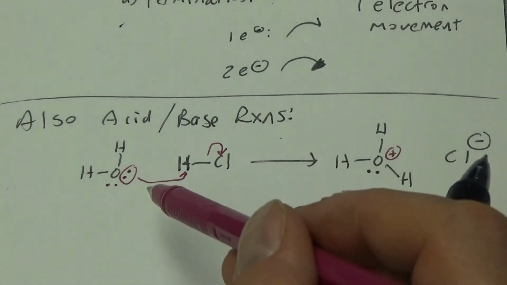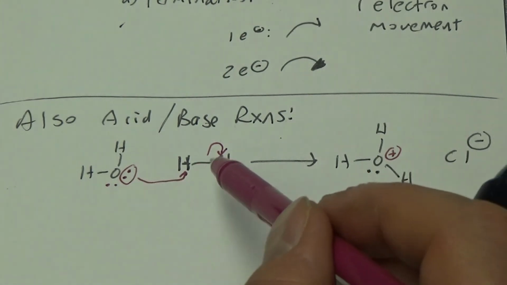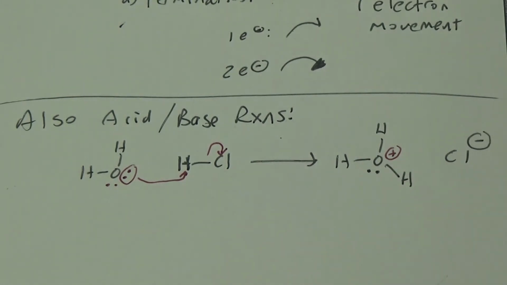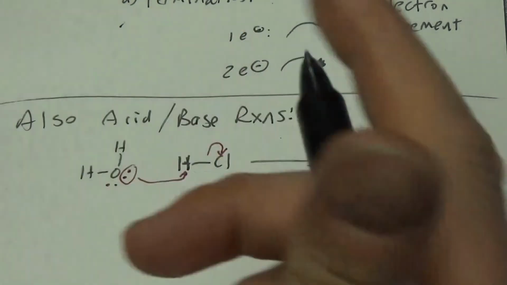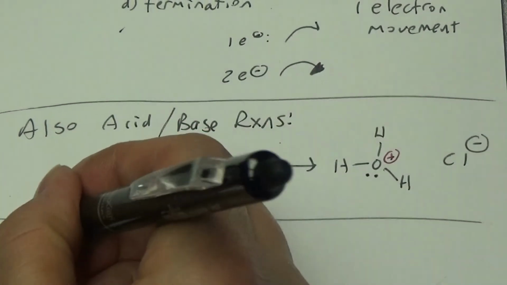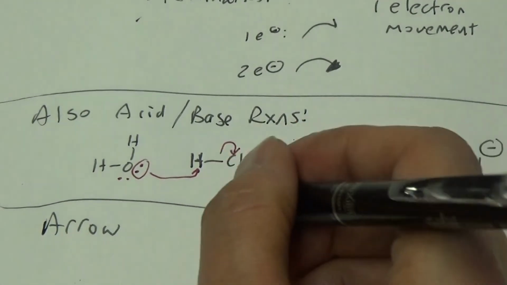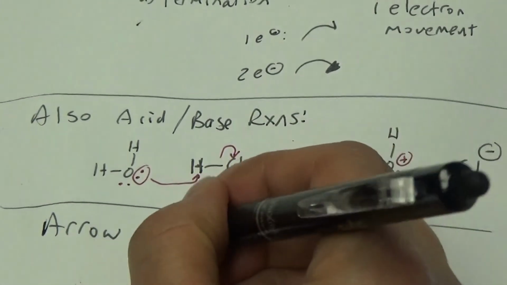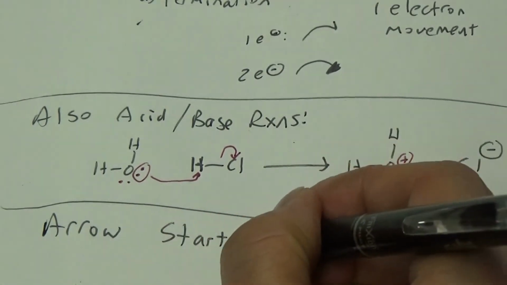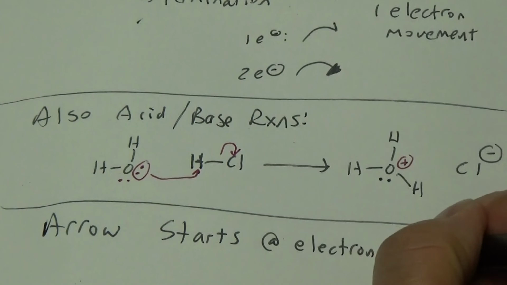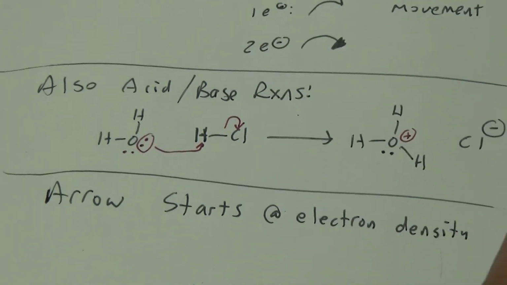How many arrows? It's 2. Oxygen grabs the proton, breaks the bond, and you make hydronium, right? Okay, so the arrow starts at electron density, like a lone pair.